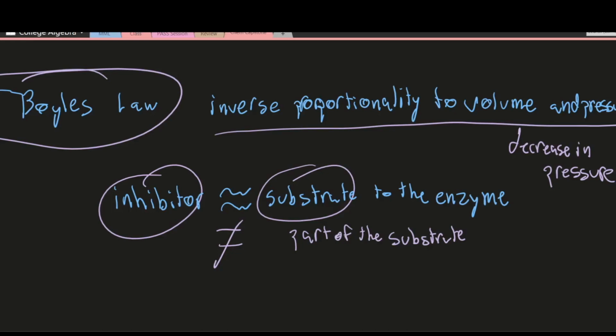And of course, this is due to all the varying bonds and intermolecular forces present in both the inhibitors and the substrates to give the chemicals that shape.